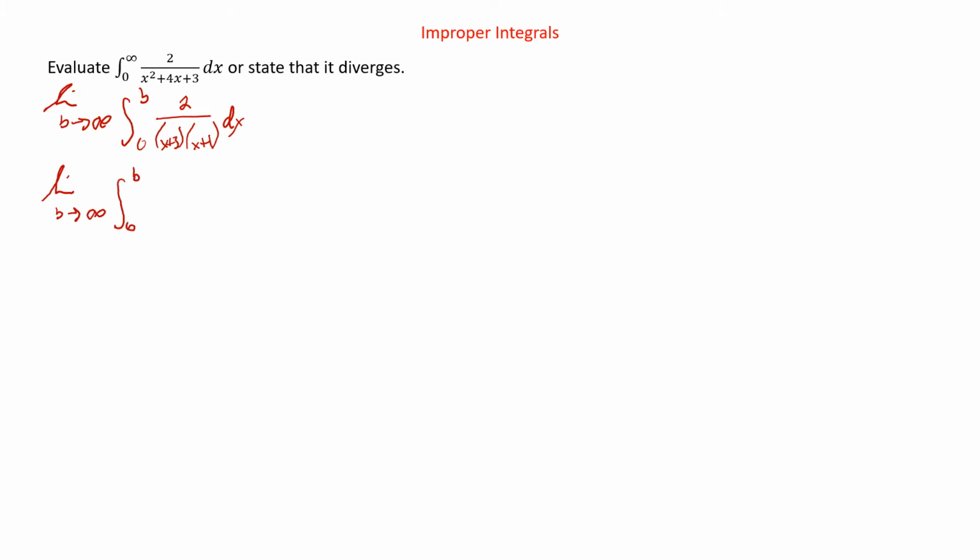0 to b, we'll have a over x plus 3 plus b over x plus 1 dx. And we know that when we multiply, a times x plus 1 plus b times x plus 3 has to equal 2.